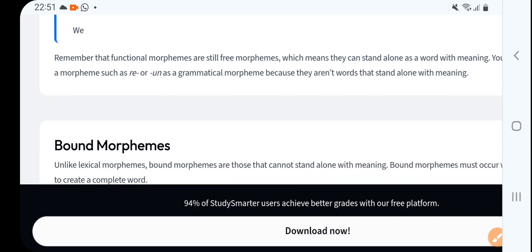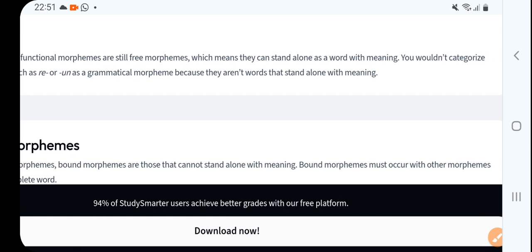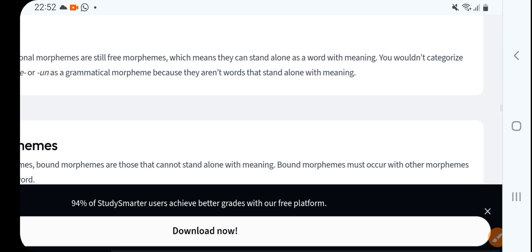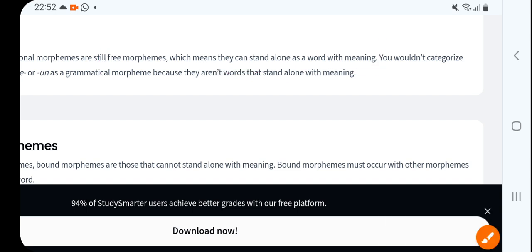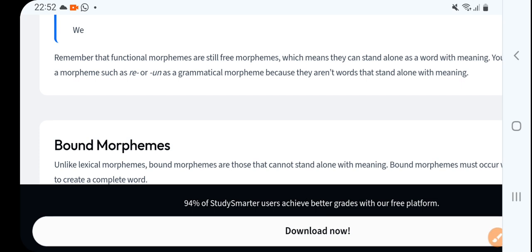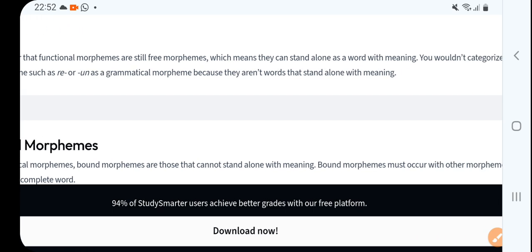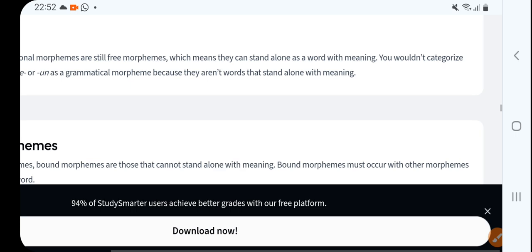Remember that functional morphemes are still free morphemes, which means they can stand alone as a word with meaning. You would not categorize a morpheme such as re or un as a grammatical morpheme because they are not words.